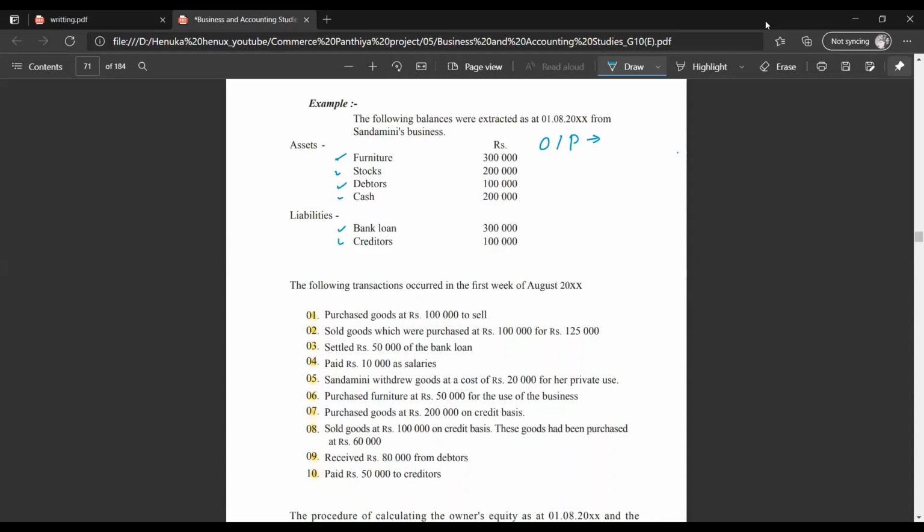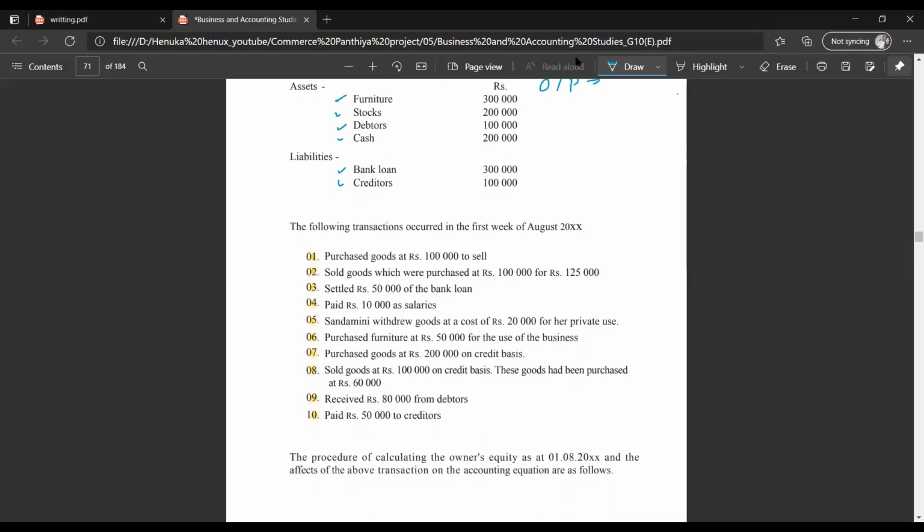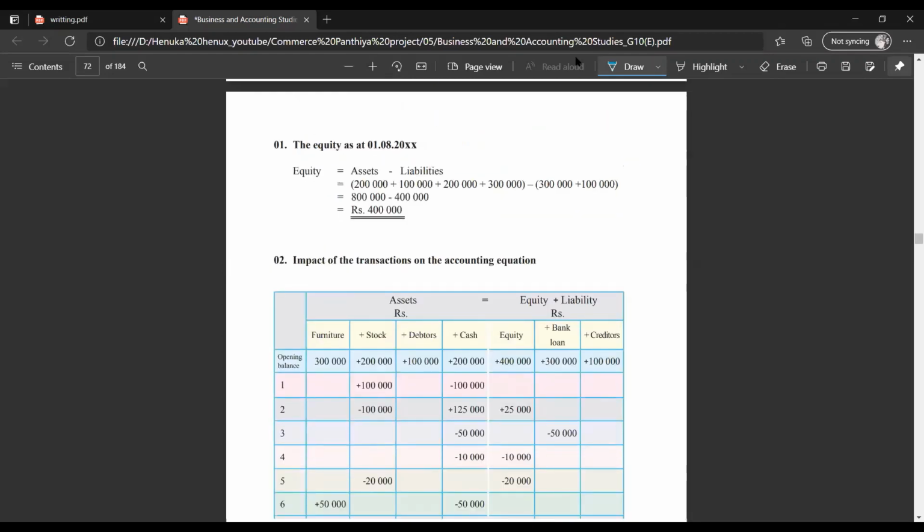If they have given the opening balances, definitely, and this is one of the most important points, this business has already started. Okay, so if you go to the example here, you can see this. Okay.